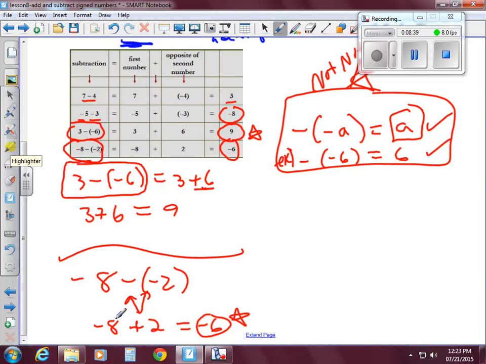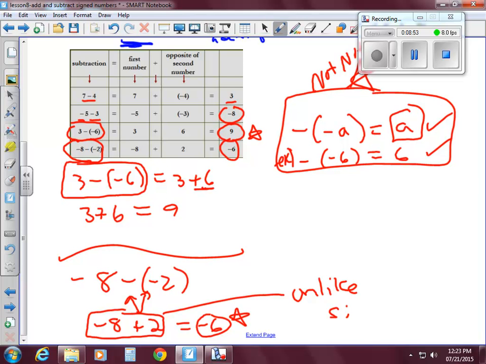Now, I did want to mention, some people have made up little rules in their mind like this. If you have unlike signs, so notice you have a negative plus a positive, some people say subtract the two numbers and the answer takes the sign of the larger number. Yes, you can say that.